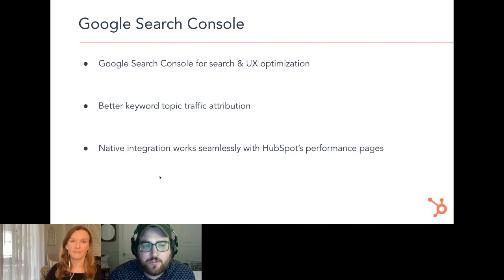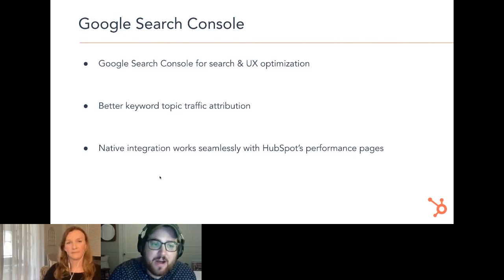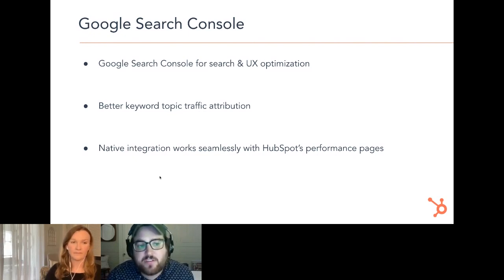So being able to integrate that together and see how your pages are ranking for specific keywords really helps you understand what topics your website speaks to, how your website is being perceived by Google, and what people are searching for to find you, so that you can optimize the full experience and make sure you're creating an experience that's relevant to the services you offer.